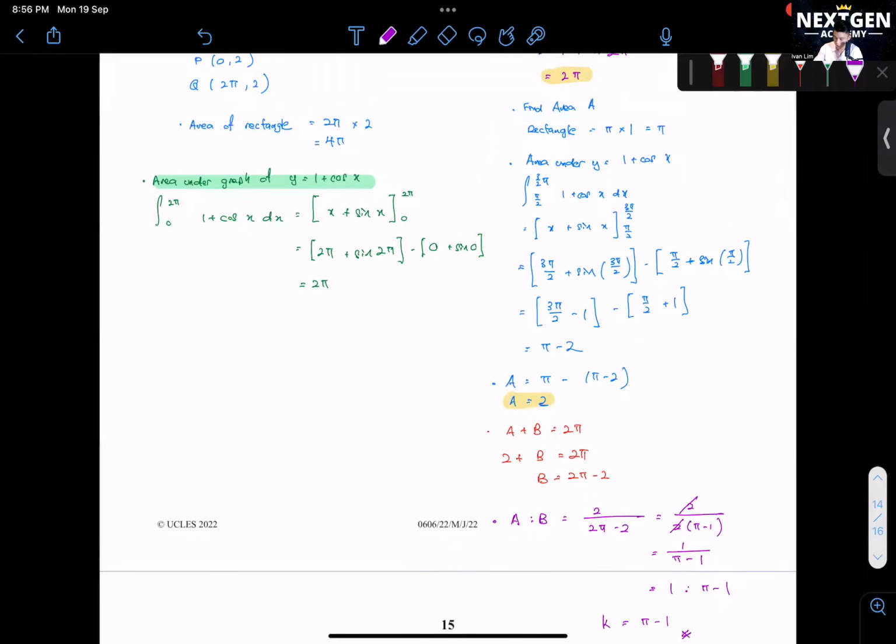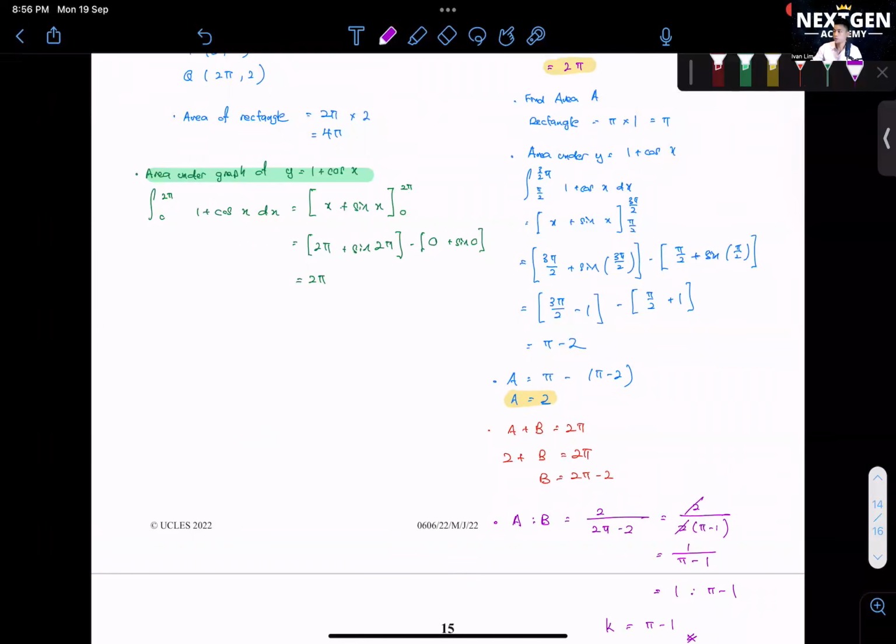Okay, very fun, this question. Very, very fun. A 9 marks question. I saw some of you got it correct, some of you didn't try. Any question for this particular question?